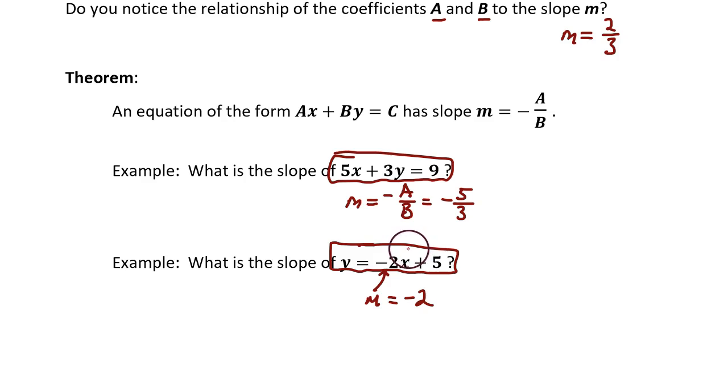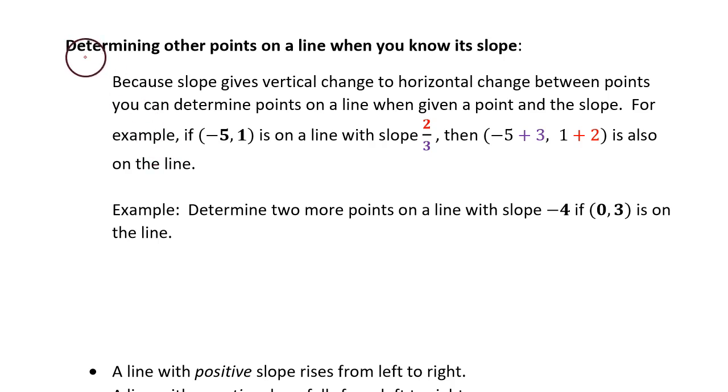Whether you have an equation in this form or an equation in this form, it is pretty easy to find the slope. The next skill we're going to review is how to determine other points on a line when you know its slope. Because slope gives the vertical change to the horizontal change between points, you can determine points on a line when you're given a point and the slope. For example, (-5, 1) is on a line, and that line has a slope 2/3.